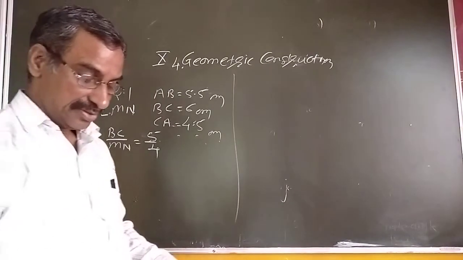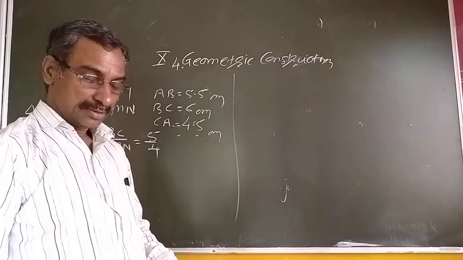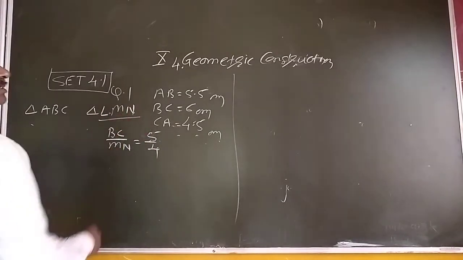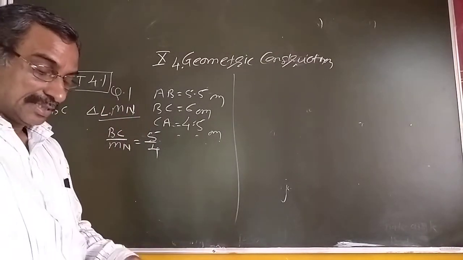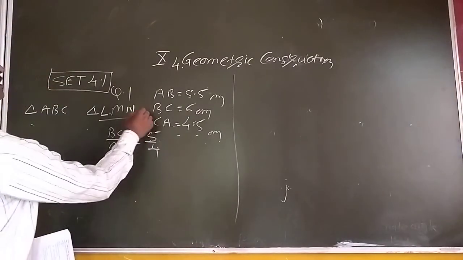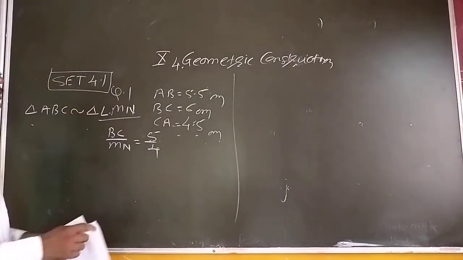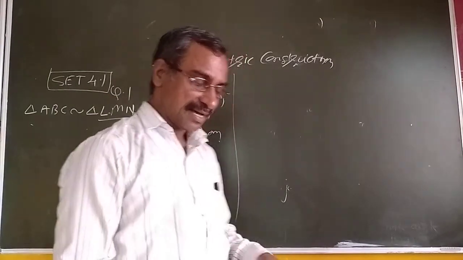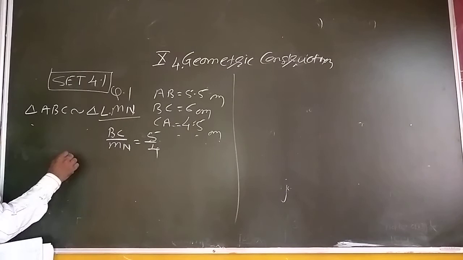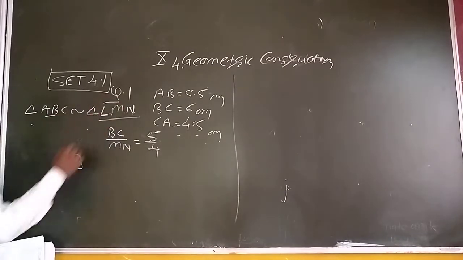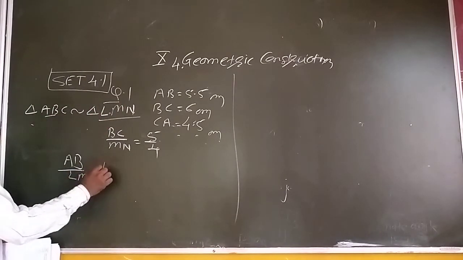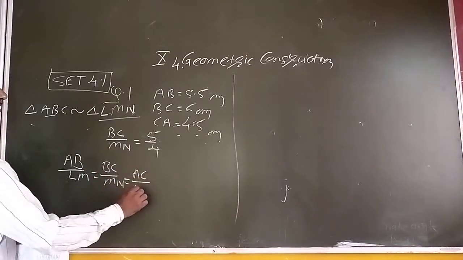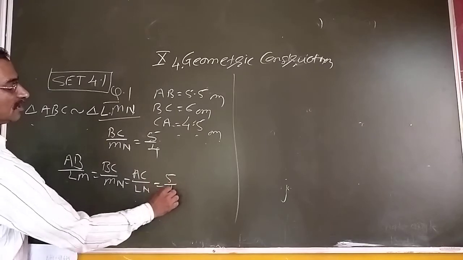So firstly, we are finding out the measurements of the three sides of the triangle LMN. These two triangles are similar. Therefore, their sides are in proportion. So we write AB upon LM, BC upon MN and AC upon LN is equal to 5 upon 4.